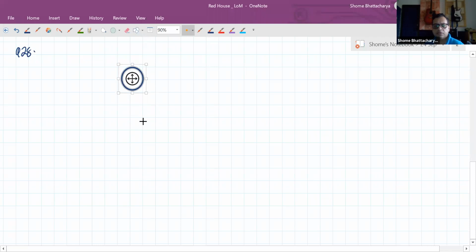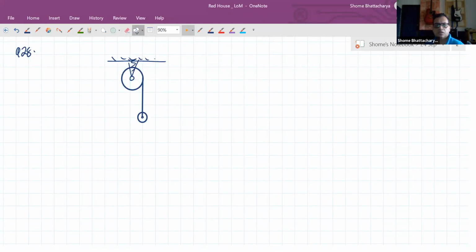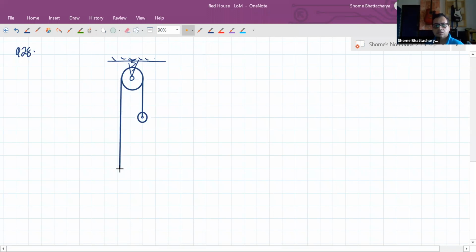So we have one pulley like this and say another pulley like this. Somewhat similar, okay. So this is fixed onto a ceiling, whereas the first string which is going around that pulley, it's attached to the axle of this one, and on the other side it's attached to a block.